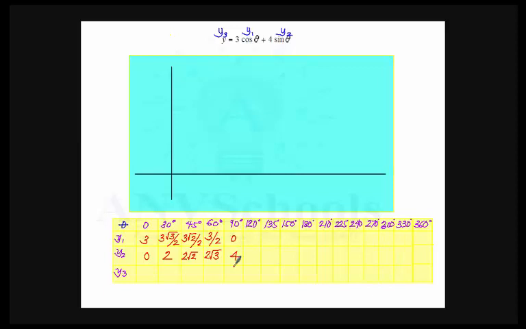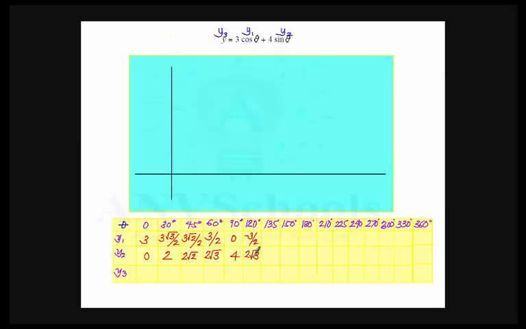For 120, the reference angle here will be 60, and our y1 is cosine, so it would be negative 3 times 1/2, so that would be negative 3 over 2. For sine, that would be square root of 3 over 2, so that would be positive 4 square root of 3 over 2, so that would be 2 square root of 3.